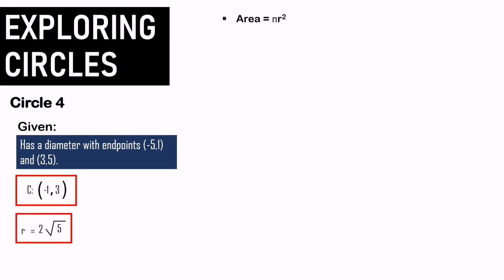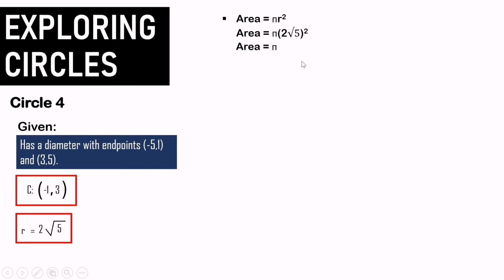Okay. Atong area gani is equal to pi r squared. So ipuli ra nato ang kaning atong value sa radius. So pi times 2 square root of 5 squared. So atong area is equal to pi. Saan man ni? Hala. I-distribute ra nato, no? So i-distribute ra nato in 2 there is a 2 na base, and then kani pong 2 i-distribute po nato apil sa kaning square root of 5.